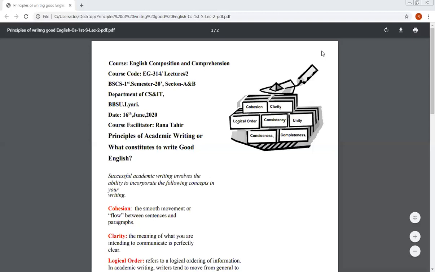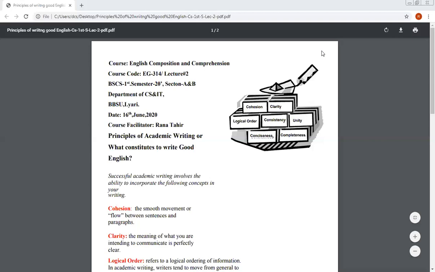As I mentioned earlier, today's topic is the continuation of our previous topic, and it is relevant and related to the topic that we studied earlier. As you must have seen in the document that I've been sharing with you, it states very clearly: successful academic writing involves the ability to incorporate the following concepts in your writing.